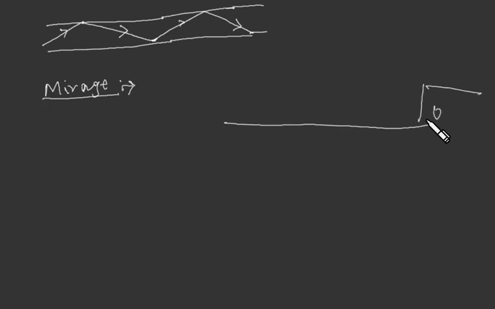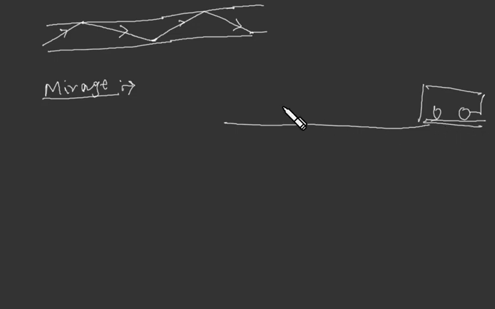Another example can be mirage, which we often see on the streets, if not in the deserts. What do we see on the streets? Sometimes on a sunny day, generally on warm days, if you go out on the street, while traveling we can see that it looks like there is some water on the street, and the objects in front of us get reflected.